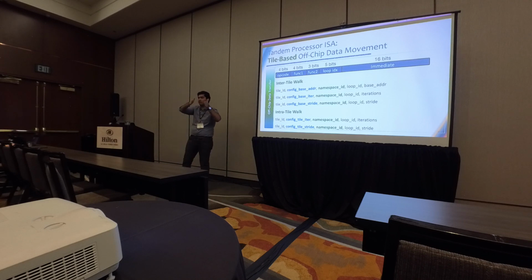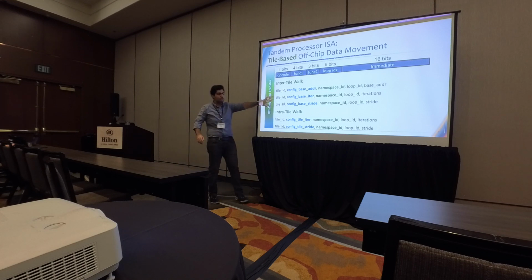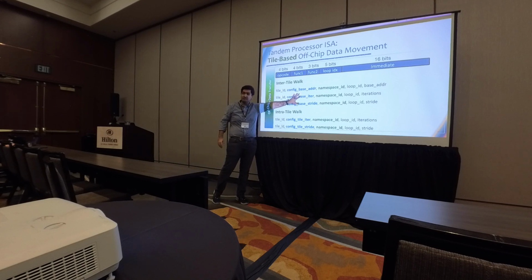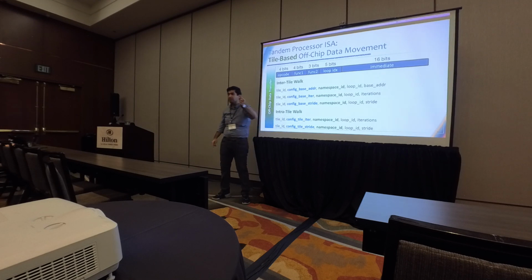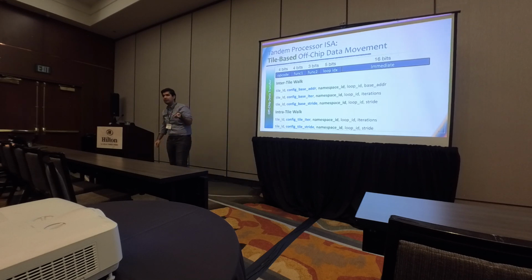So you want to make sure that you are walking over these tiles correctly, getting the next tile addresses correctly. So these are the instructions to program the data access engine for inter-tile. Now you know where the tile starts, but you need to walk over that tile. So these are the instructions to program how you walk over a tile of the data. That's why we have inter-tile and intra-tile walk operations.